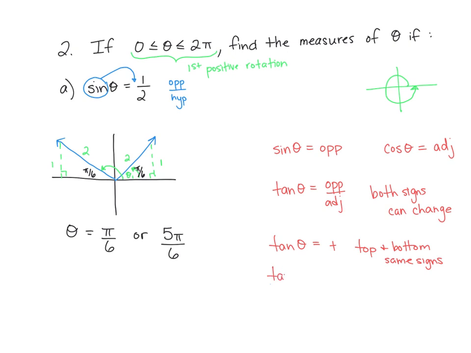Or if tan of theta equals a negative, then we know that the top and bottom signs are different. So we will continue to use that theory to help us with our next couple of questions.